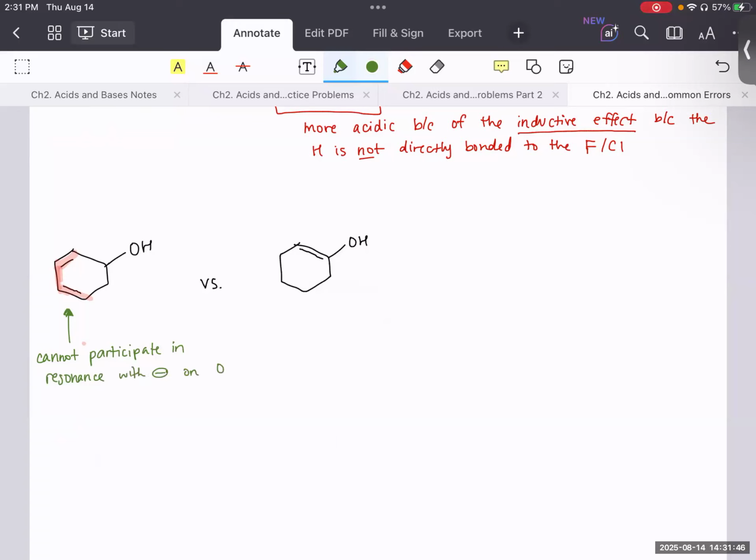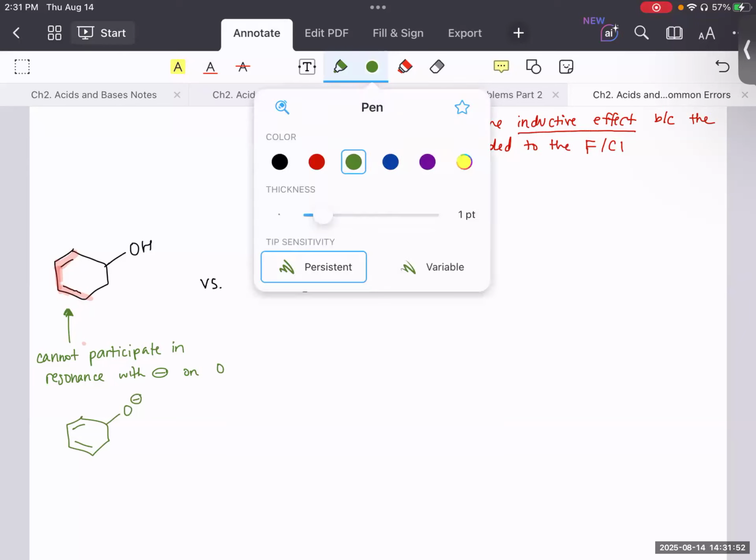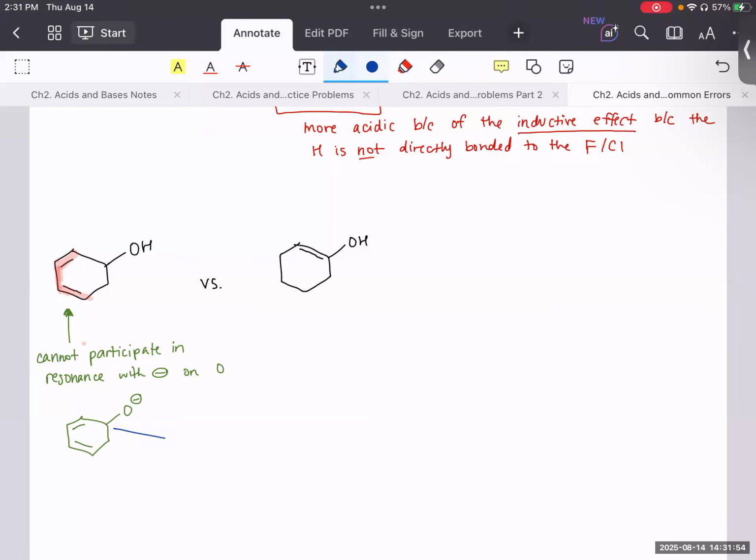Because if you have this structure right here, where you have that negative charge on this oxygen, you're interrupted by this carbon right here. Because this carbon breaks the link between the oxygen and the double bond. There's no way to get those electrons to flow through that carbon. And that's because that carbon is sp3 hybridized.